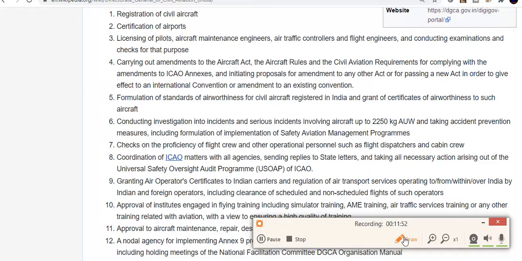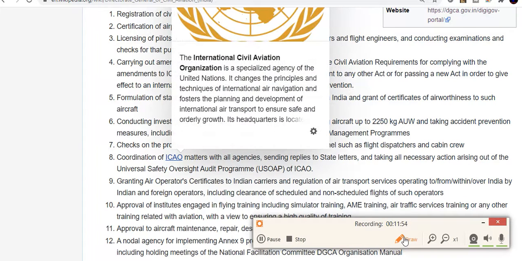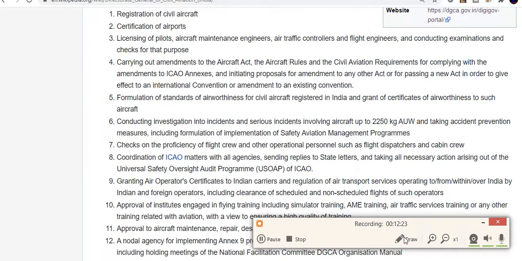In the UN you will get different organs, and those organs have specialized agencies, and these agencies are accountable to those organs. So ICAO is a specialized agency of the United Nations, and it basically lays down the principles and techniques of international air navigation. Okay, so you can just remember this.